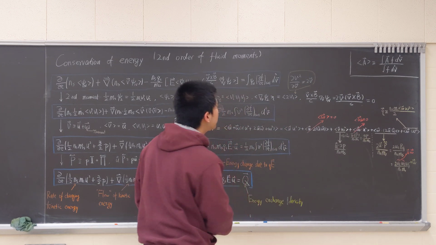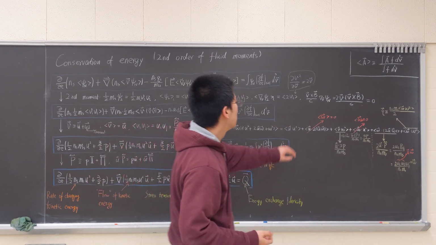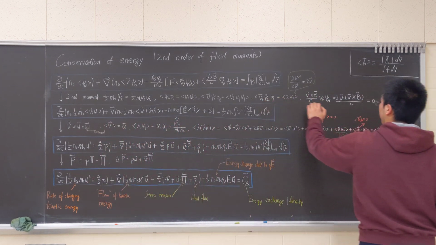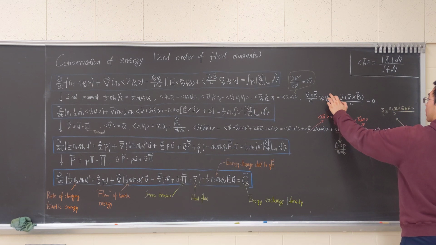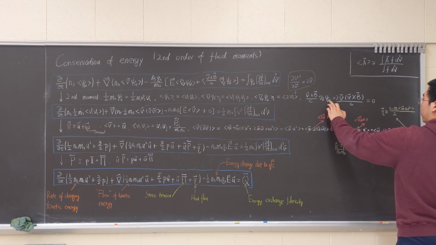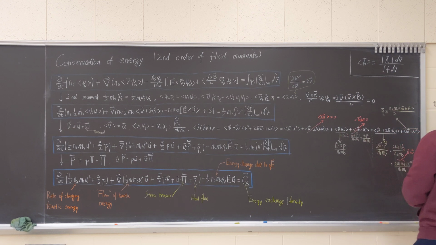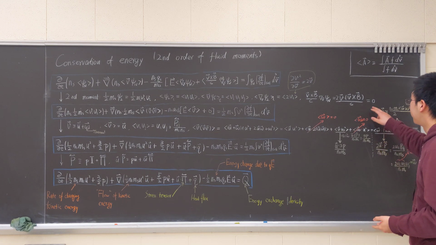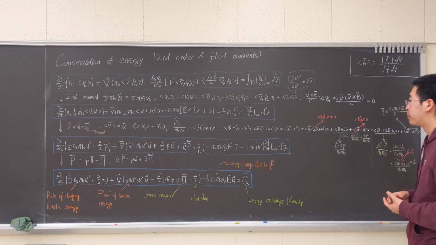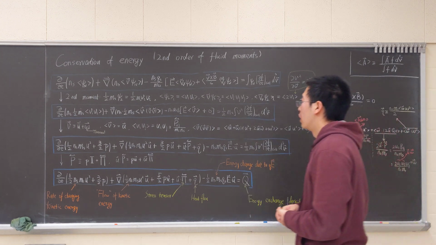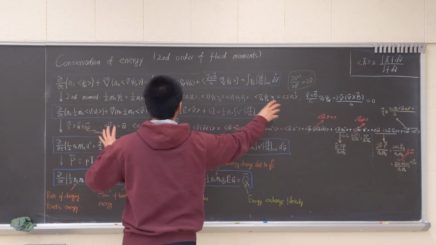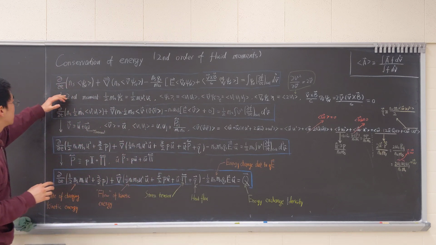So we have that, and based on what we have here, the derivative of V squared will be 2V, right? So it will end up becoming V dot V cross B. We know that V cross B is perpendicular to V, then that will end up becoming 0. So we put all of that into this equation.